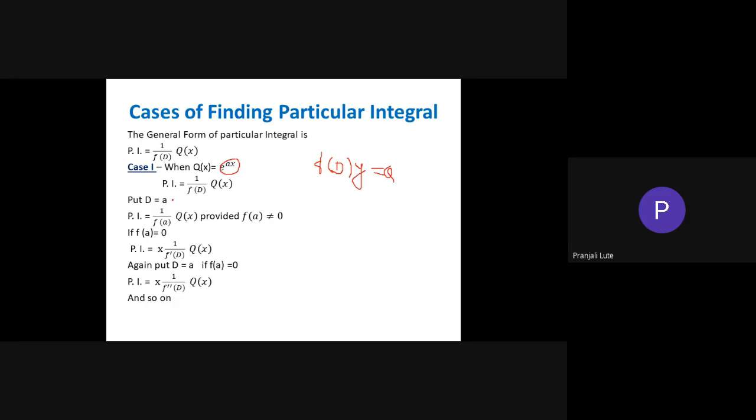So how to write the particular integral? Particular integral equals 1 upon f of d into the right hand side, that is q of x. q of x is e to the power ax.